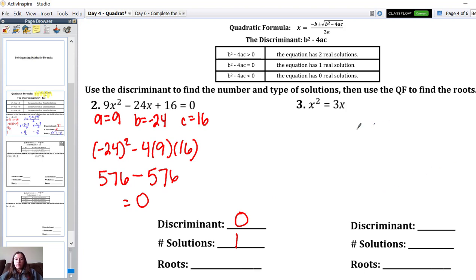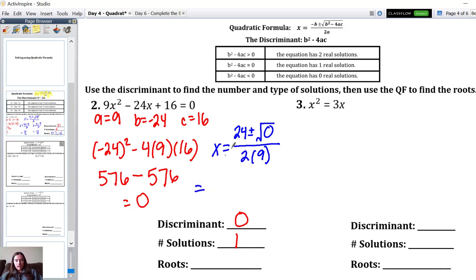Now let's figure that out. When we use our quadratic formula, we have x equals negative b, so we have positive 24, plus or minus the square root of our discriminant, which is 0, all over 2 times our a value, which is 9. Anytime you have a discriminant of 0, you're always going to get this plus or minus root 0 in your quadratic formula.